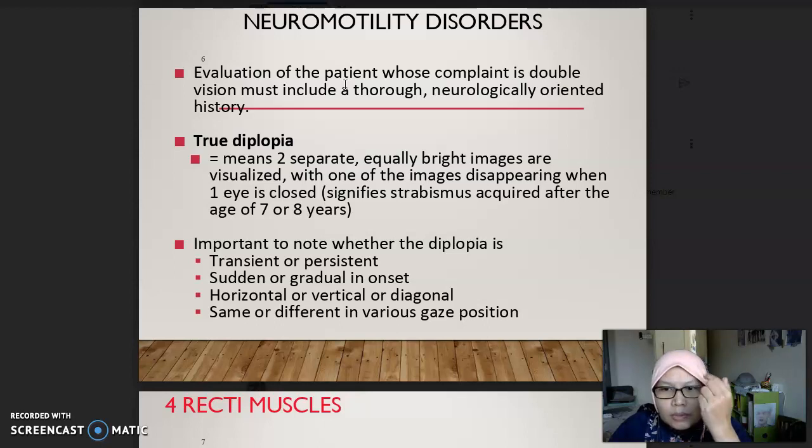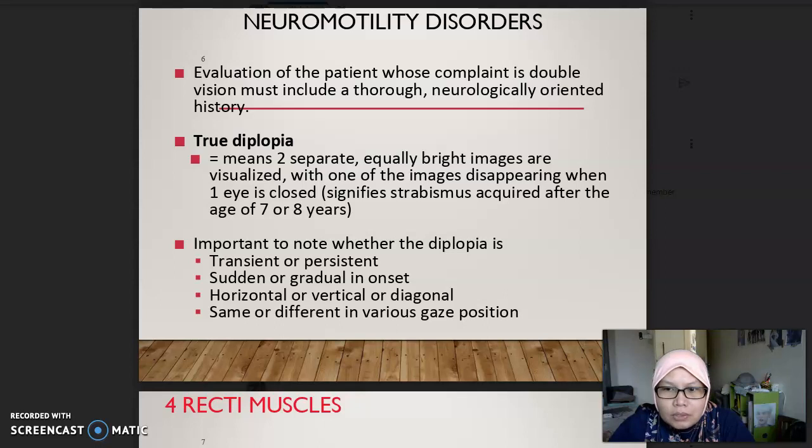That is probably because of a problem with the media, the cornea, the lens, cataract, or refractive error. So if it's not a true diplopia, you can always refer the patient for refraction.